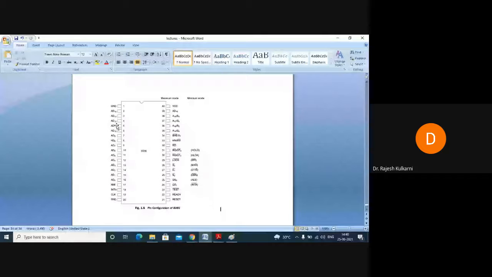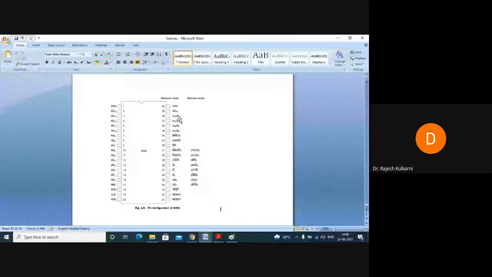If you look at S5, where is S5? S5 is pin number 36. It is multiplexed with the A18 line. This S5 is basically for interrupt enable. While S4 and S3 together will decide which segment register is being discussed.